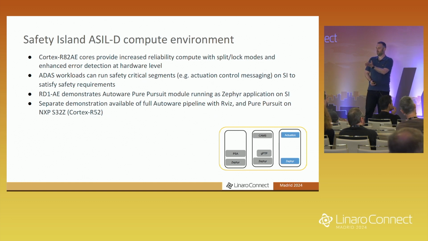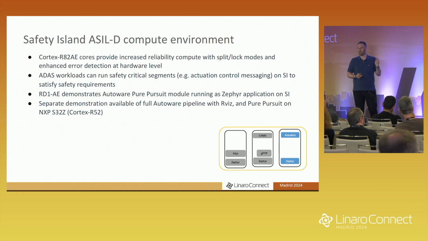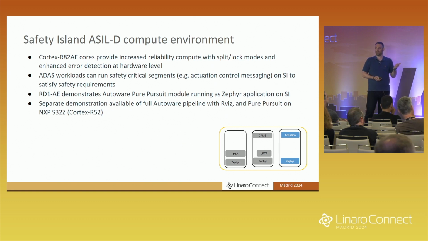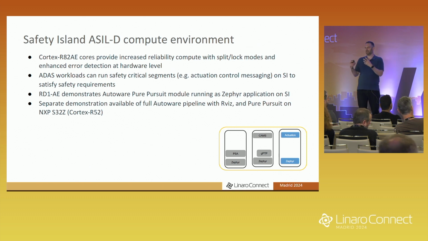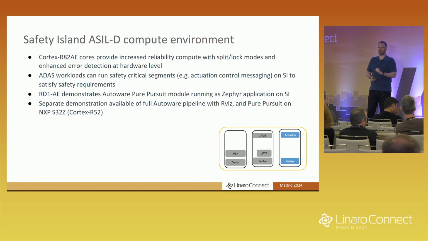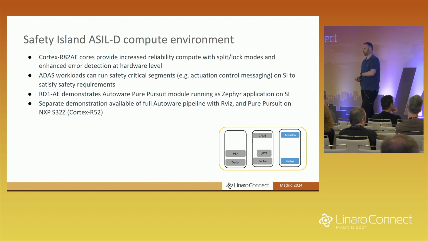These demonstrations are also available on an NXP S32Z device, so we've taken the same software and deployed it in a couple of different environments. The full RViz rendering requires the real silicon platform to run on because of the performance requirements. On the FVP, we've taken a subset of that example and demonstrated that on our system.